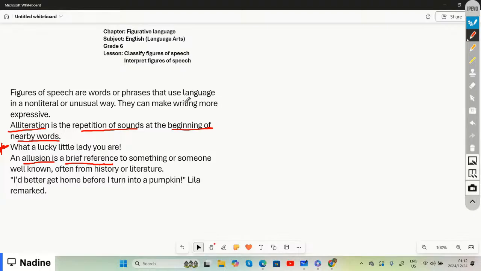And if we look at an example, remember we said that we have alliteration, which is the repetition of sounds. And then we have an allusion, which is a brief reference to something or someone well known.